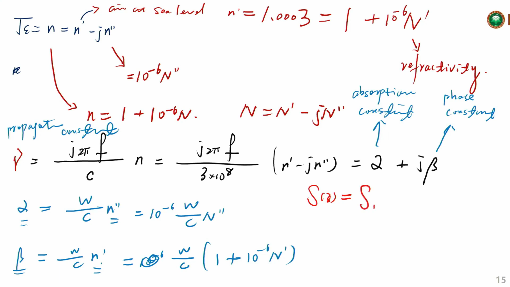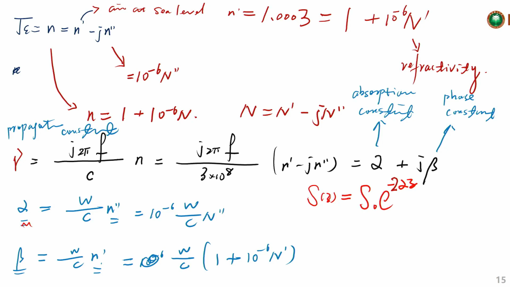It is related to the maximum, and it evolves with respect to the propagation distance, right? And here is the absorption constant. Because alpha is just for the electric field, and for the power we have the electric field squared, we need a 2 here.